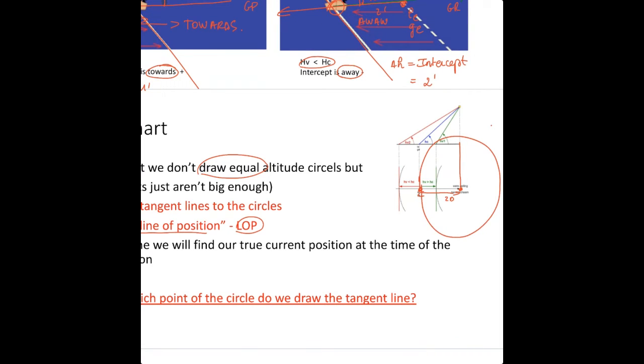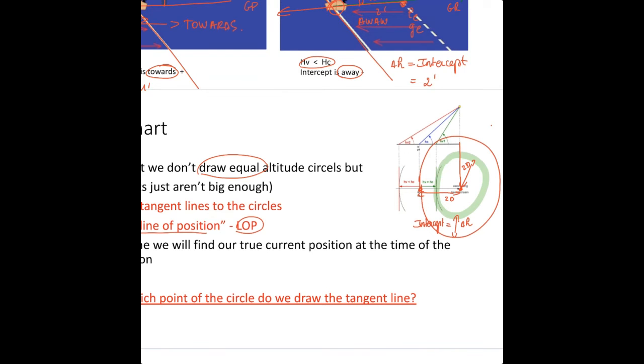Okay, let's say that our altitude that we observe with the sextant is bigger. That means that we are on this equal altitude circle, okay, with the zenith distance based on HV. Okay, the difference between these two is delta H, and that can be considered as our intercept.